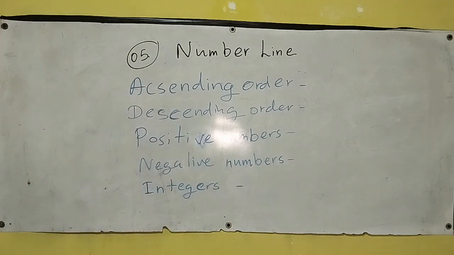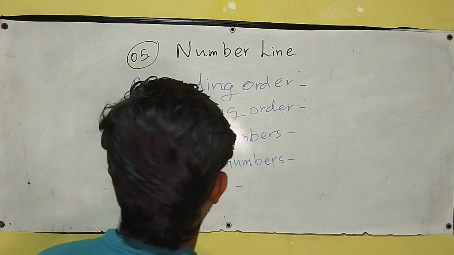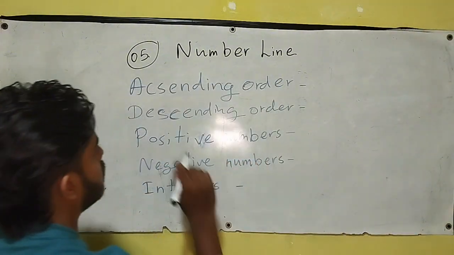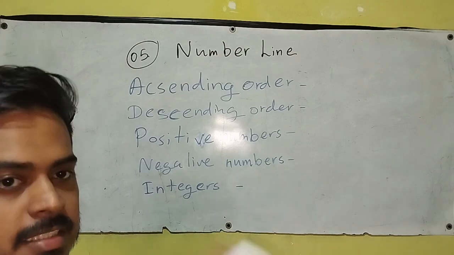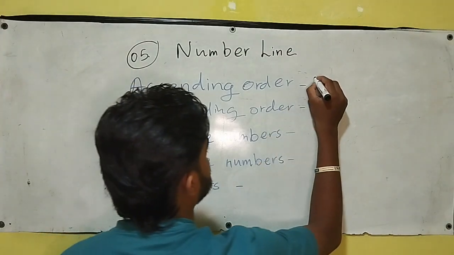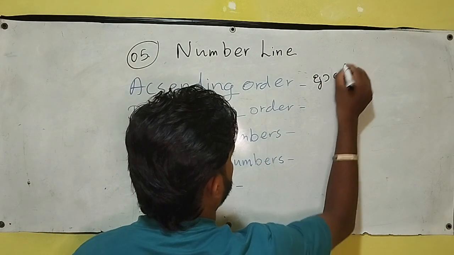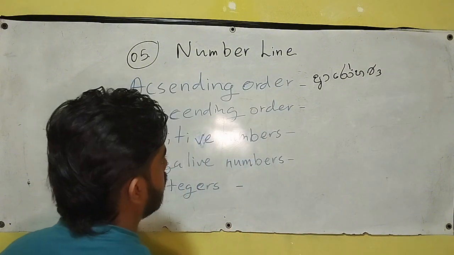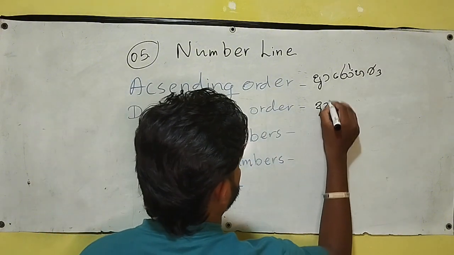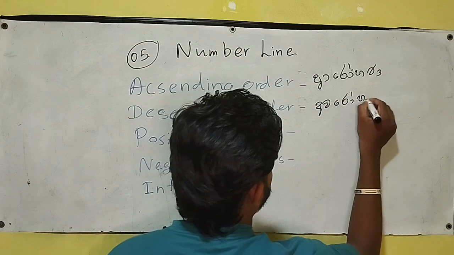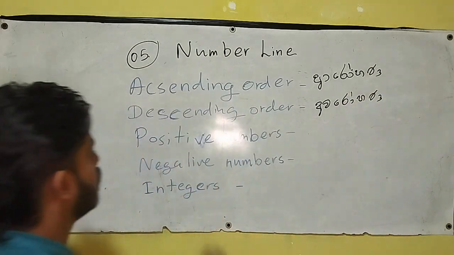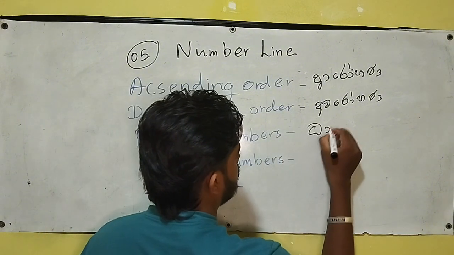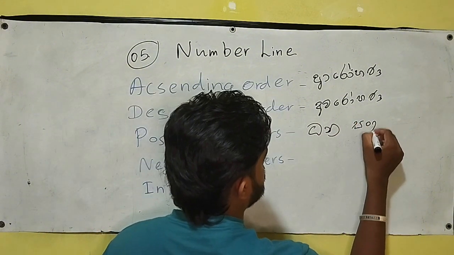Okay, here write down the meaning of these words in Sinhala. Ascending means arohana. Okay, next, avarohana. Positive number, positive dana sankhya.